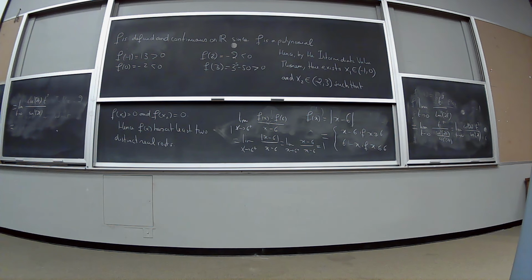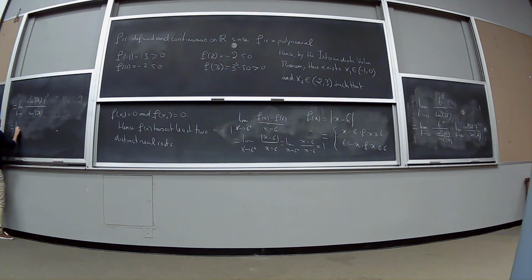What do I need in order to let sine x over x appear downstairs? You want sine x over x cubed. What is your x here? 2t. So you have to divide by 2t cubed, the top and the bottom.